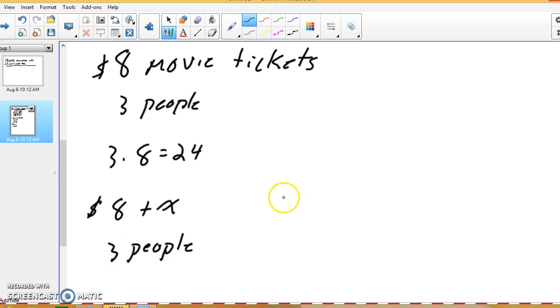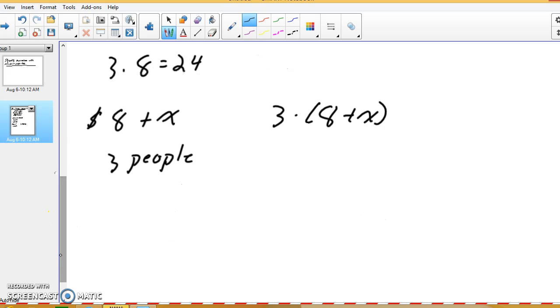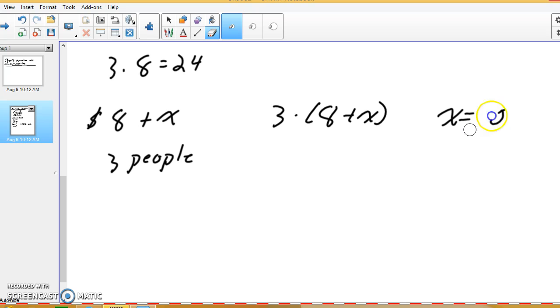Well, this is actually going to be 3 multiplied by $8 plus tax. Let's say tax will be a total of 60 cents per ticket. So X is equal to 60 cents, that's 0.60.